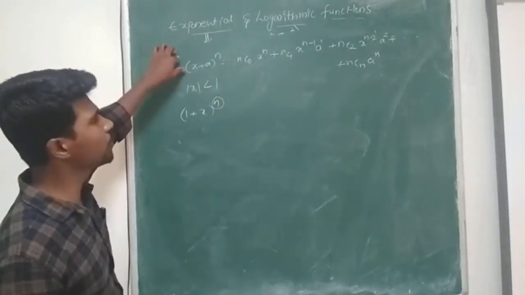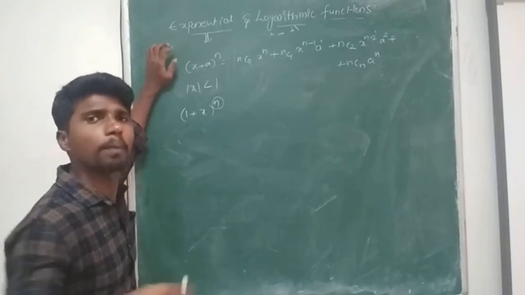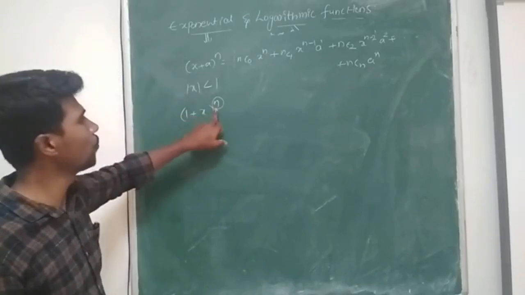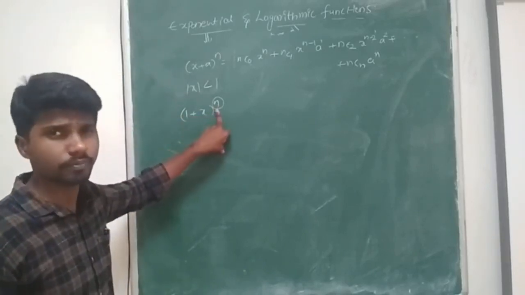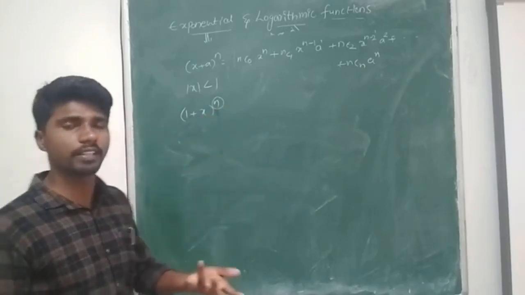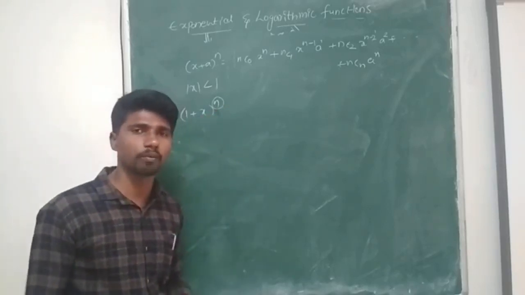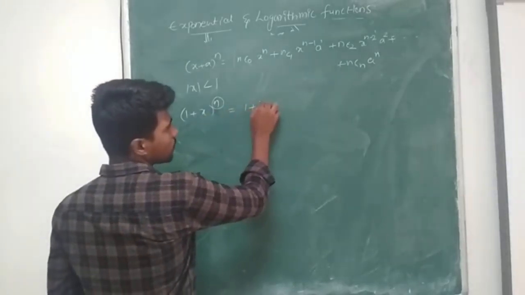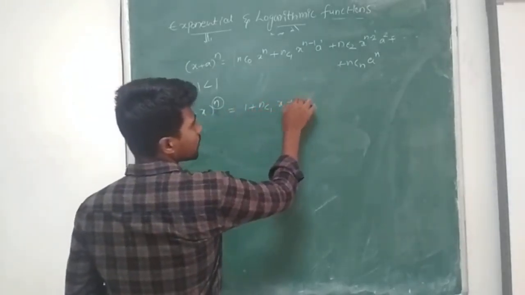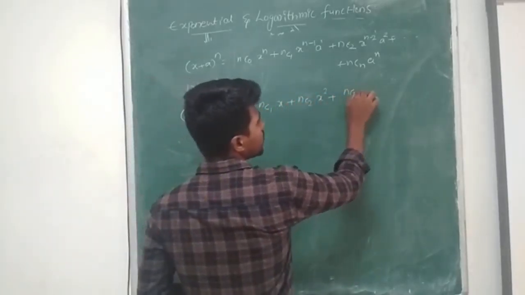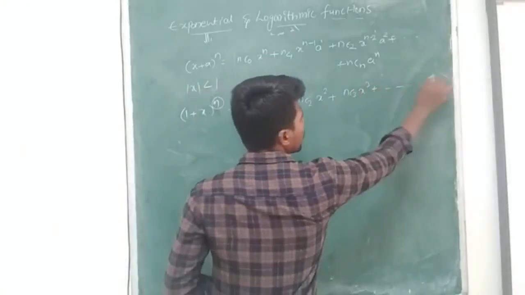For integers we are using this, but instead of saying any integer, we can say any power. So we can go for a fraction. If n is a rational number, then what happens? 1 plus x whole power n can be written as 1 plus nc1 x plus nc2 x square plus nc3 x cube plus and so on.